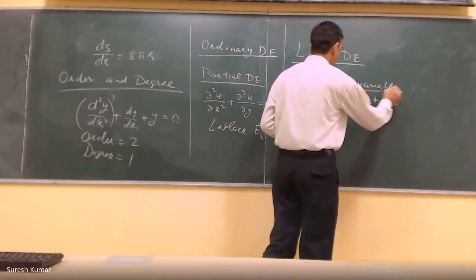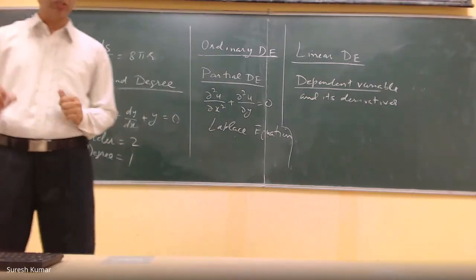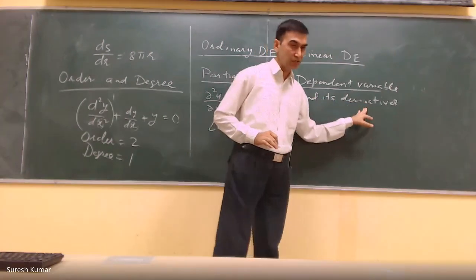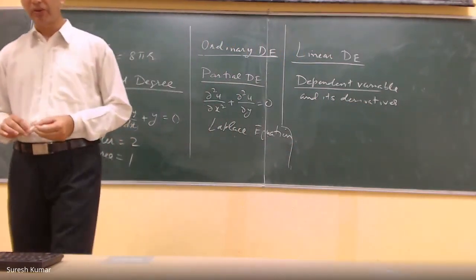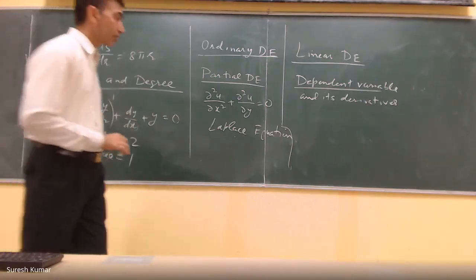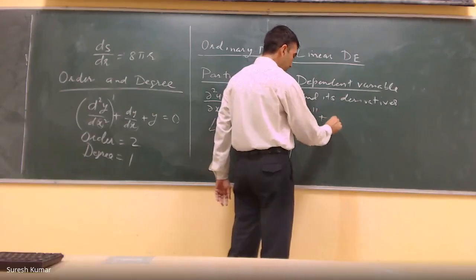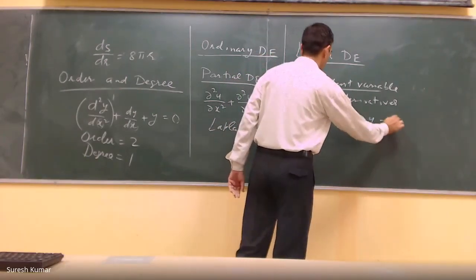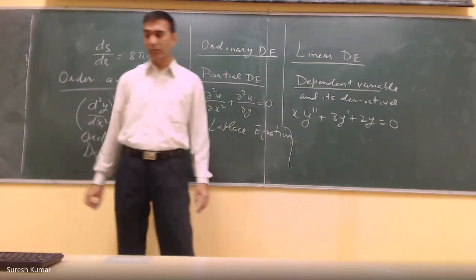All right. So, what's a linear differential equation? A differential equation in which the dependent variable and its derivatives occur in the first degree and are not multiplied together. For example, is it linear?